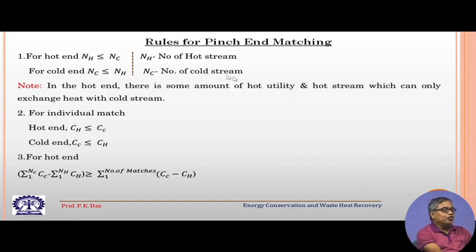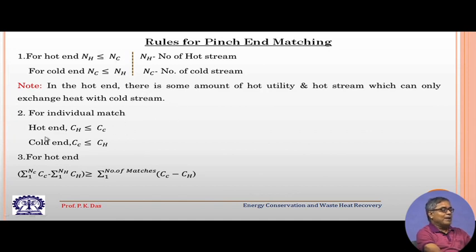Then there are rules for pinch end matching. For the hot end, the number of hot streams, NH, should be less than or equal to the number of cold streams, and for the cold end, the number of cold streams should be less than or equal to the number of hot streams. In the hot end, there are some amounts of hot utility and hot streams which can only exchange heat with cold streams. So, that is why this has to be done, and similarly this is for cold streams also.